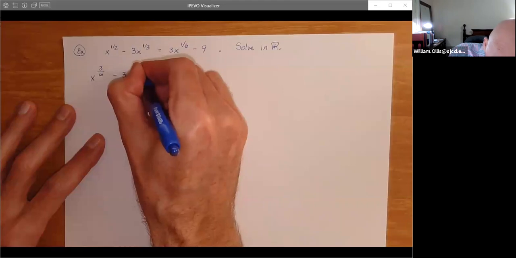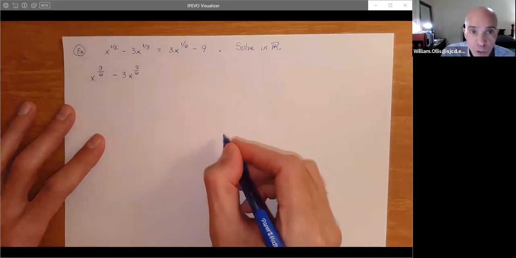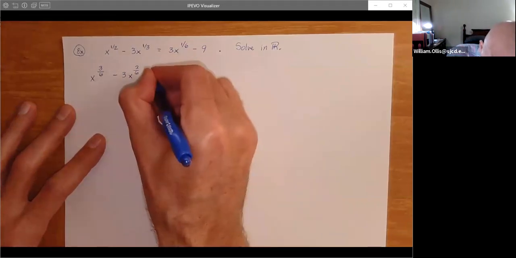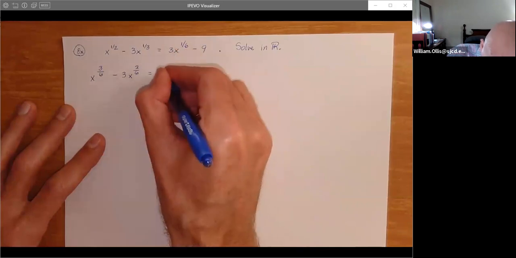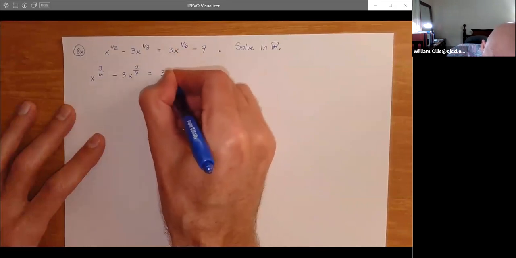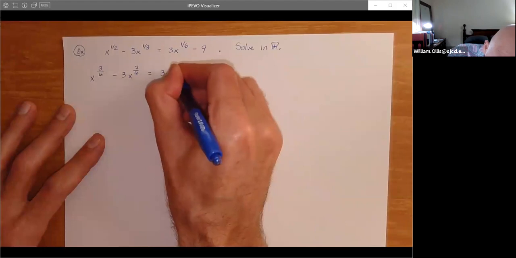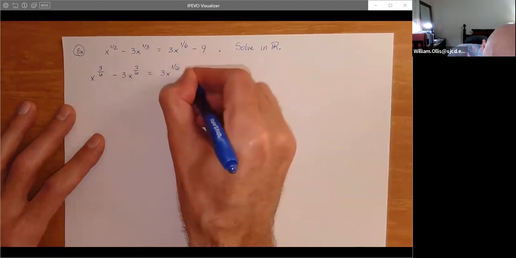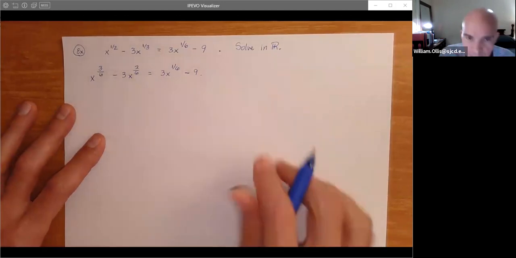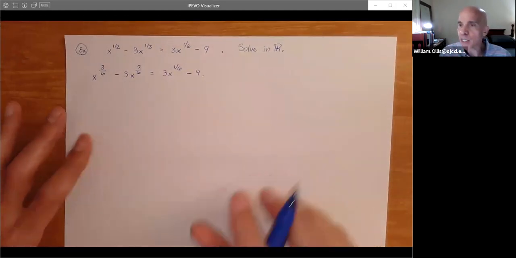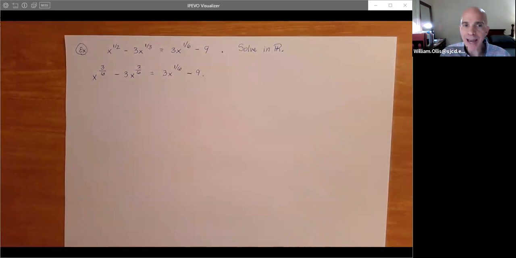So that gives us 3x to the 2 over 6. Well, 6 is already there, so we don't have to do anything to that, 1/6. The common denominators in the fractional exponents help you to see the factoring that you can possibly do.